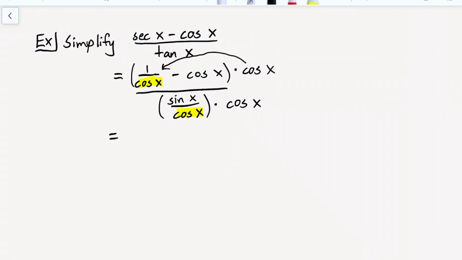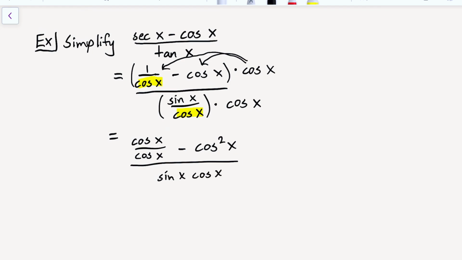What do we get? Well, this cosine x distributes to two different terms in the numerator. And first I get cosine x over cosine x minus cosine squared x. In the denominator here, I have sine x cosine x over cosine x.